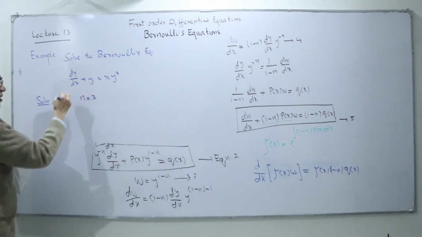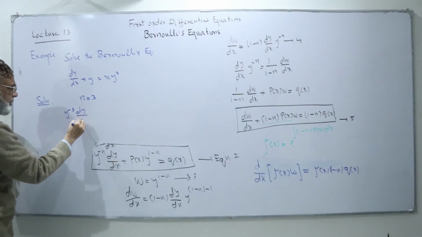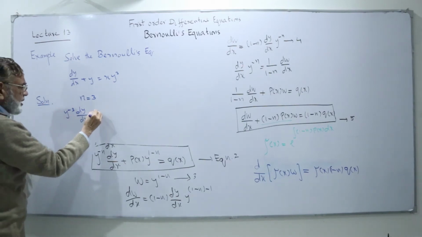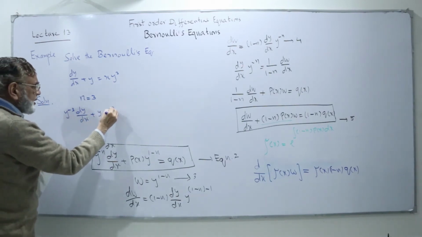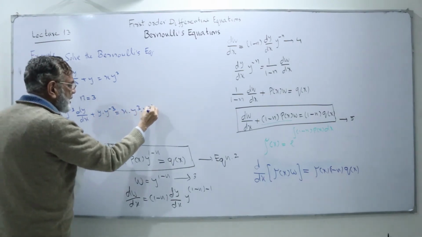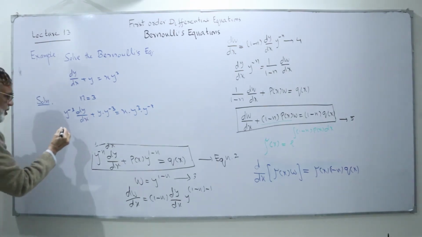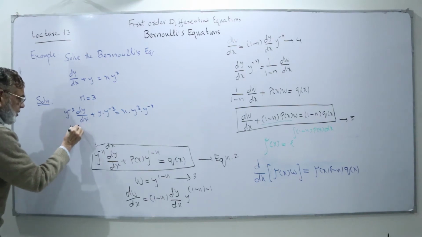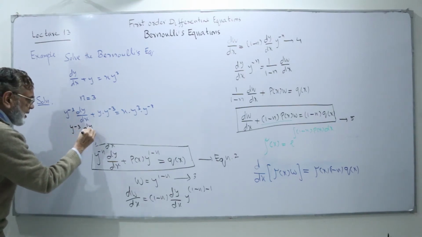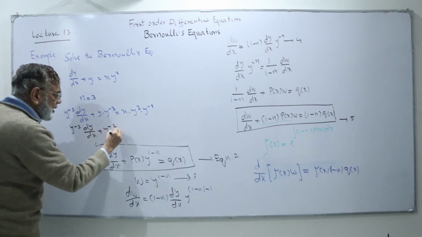We multiply by y to power minus 3, and we get y to power minus 3 dy by dx plus y into y to power minus 3 is equal to x y to power 3 into y to power minus 3. Simplifying, we get y to power minus 3 dy by dx plus y to power minus 2 is equal to x.